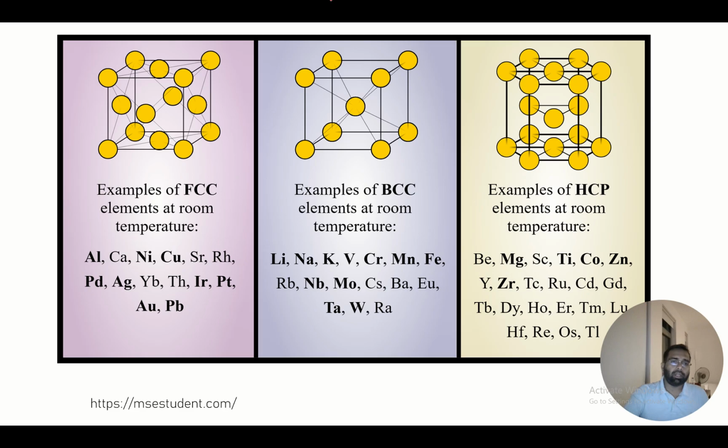So finally, we come to know that there are some materials having FCC, some BCC, some HCP. We have a very well known gold. It has FCC, and it has a high melting temperature also, mostly because of higher density, due to atomic packing factor.